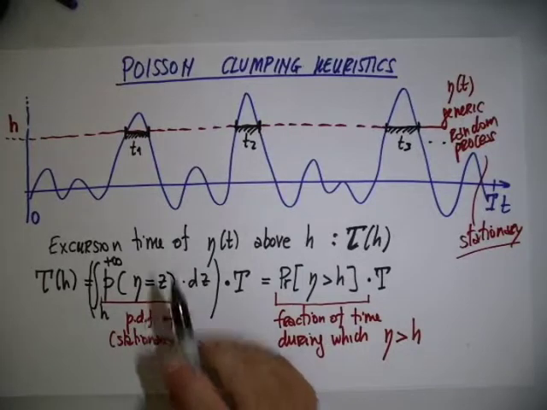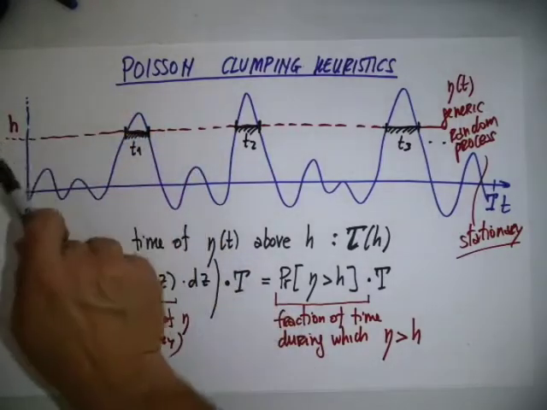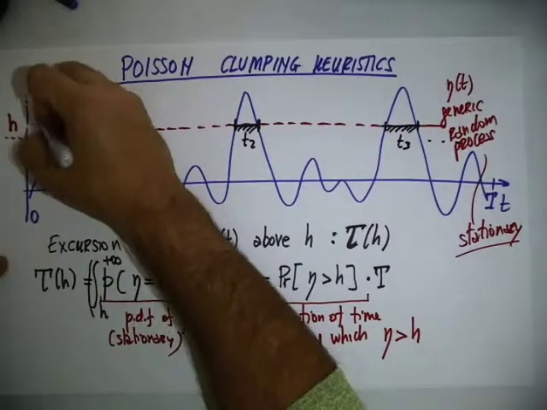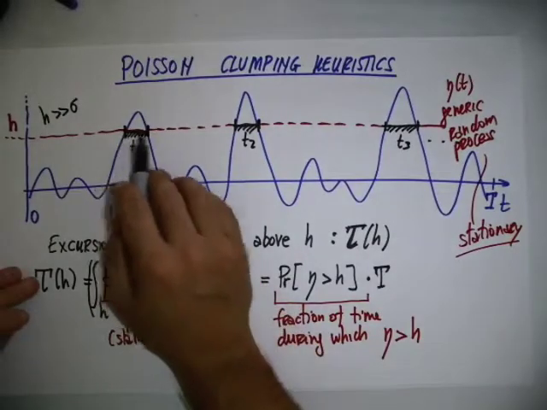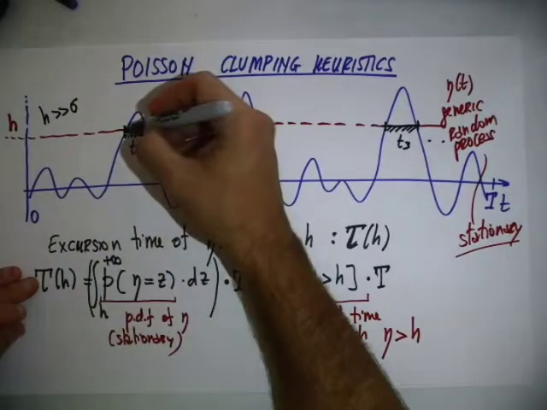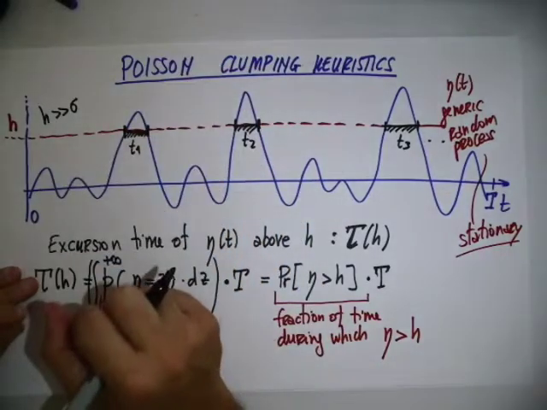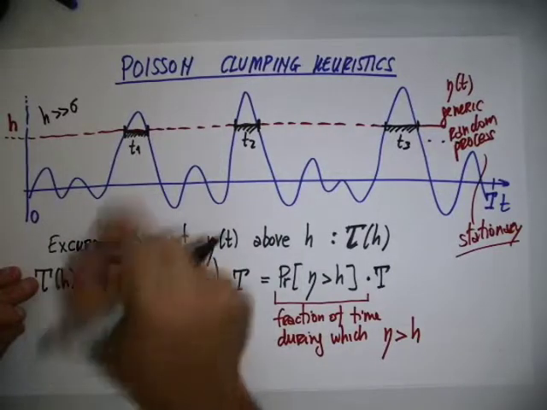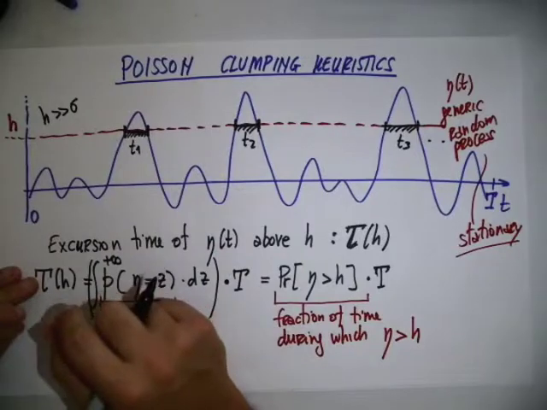And of course, when the threshold h is very large, for h much larger than sigma, these excursion times are simply equal to the time duration of a peak greater than h.